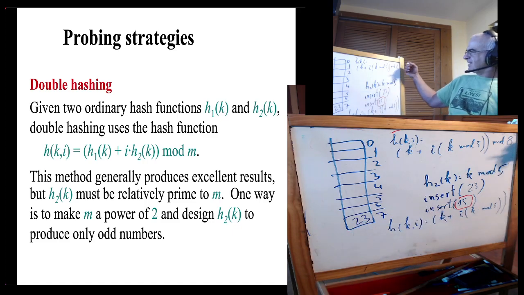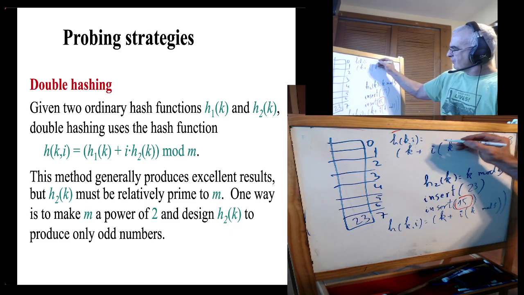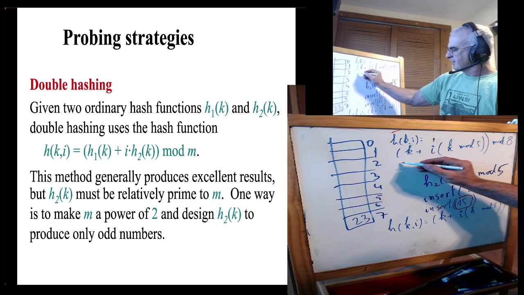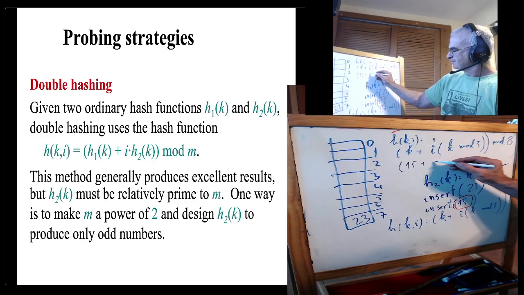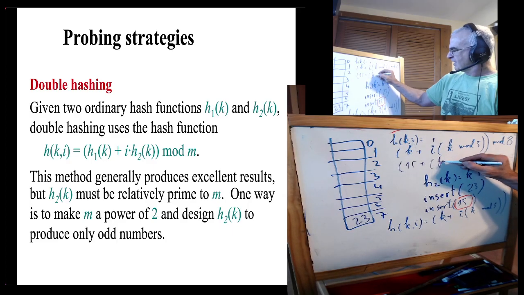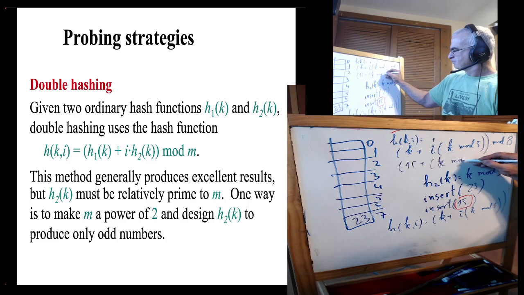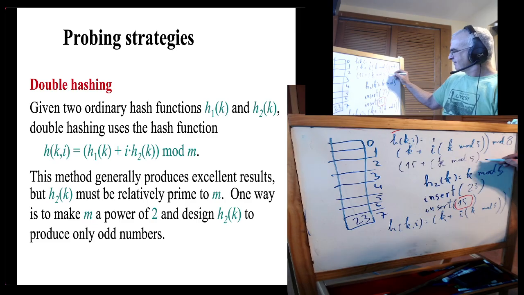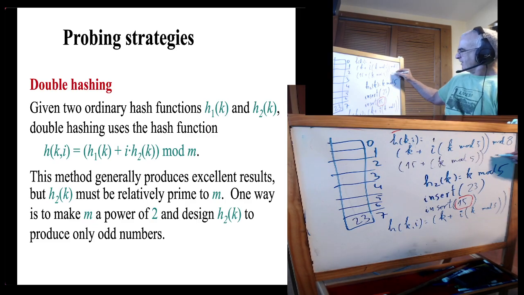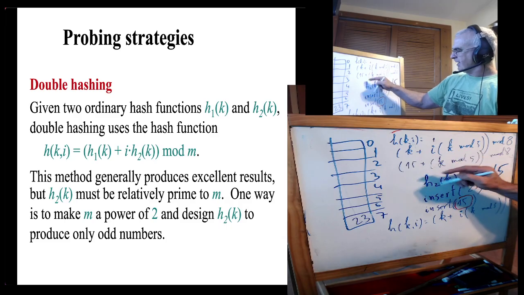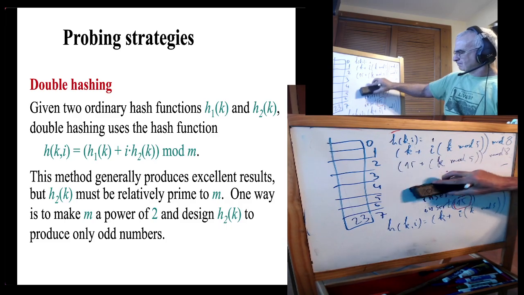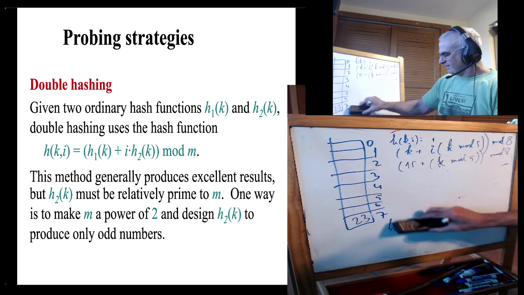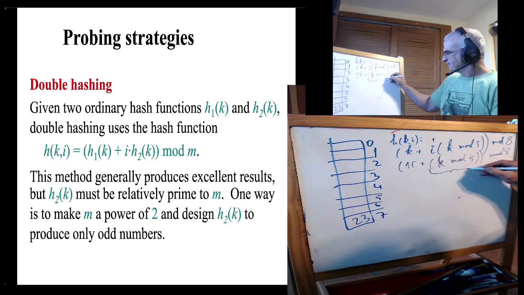So where is my second attempt? i equals 1. My second attempt would be at 15 plus k mod 5, all of it mod 8. k mod 5, however, is unfortunately 0.